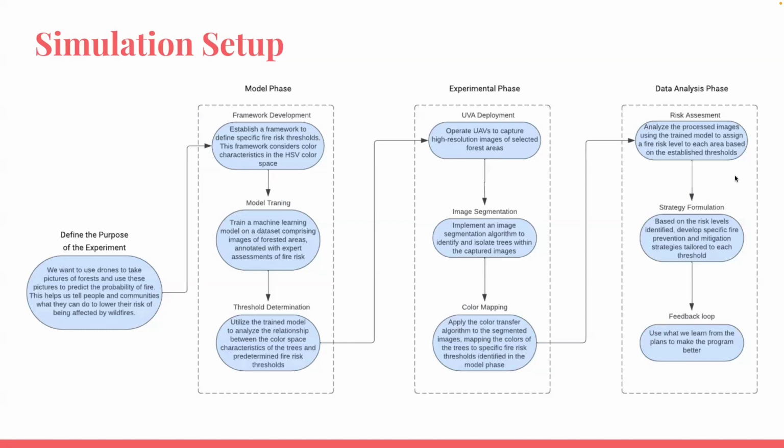We get the final score of the colors to do the risk assessment, and try to find the most suitable model for this project. After that, we do the strategy formulation and the feedback loop.